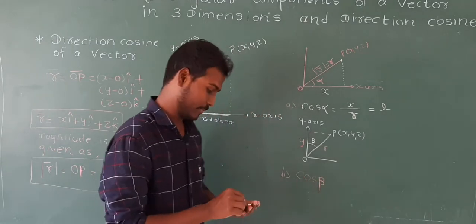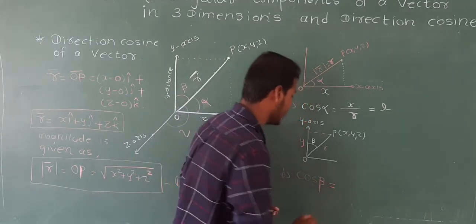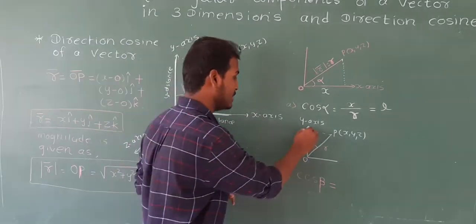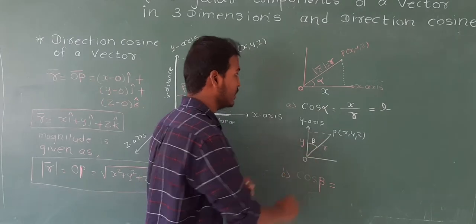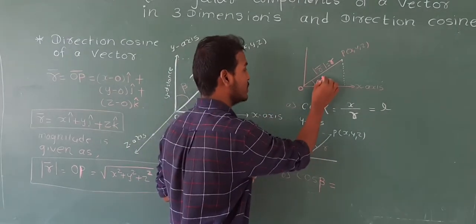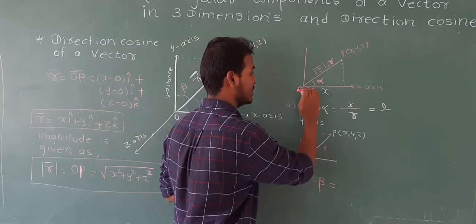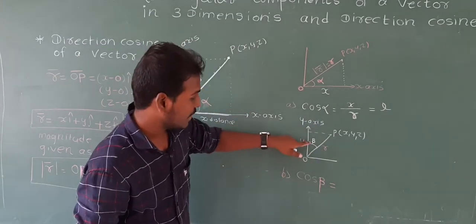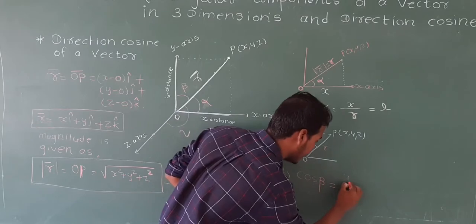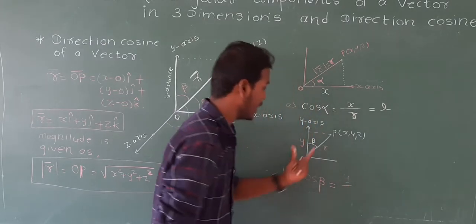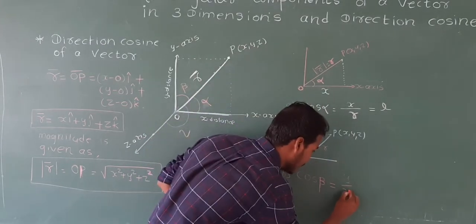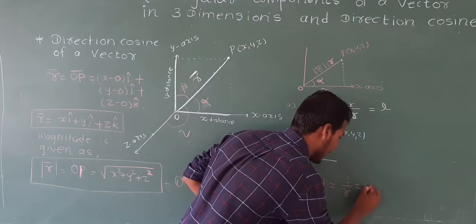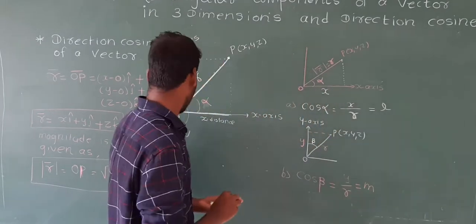This is beta. Again, if we use cos of the angle, the adjacent side is y. For cos alpha the adjacent side was the x axis, here the y axis is the adjacent side. That's why we take y divided by the hypotenuse r. The ultimate symbol is small m. So now the third one.